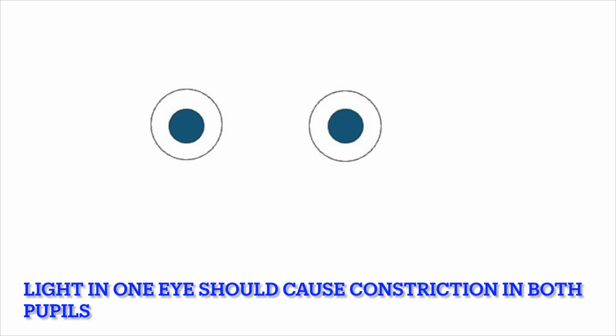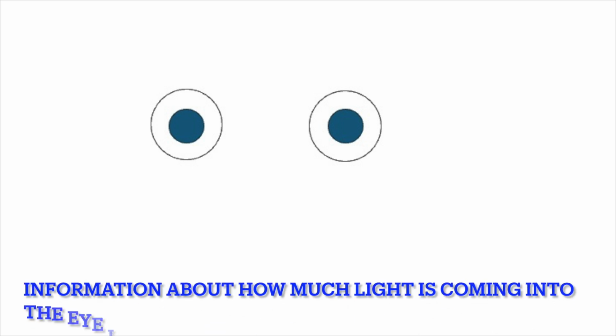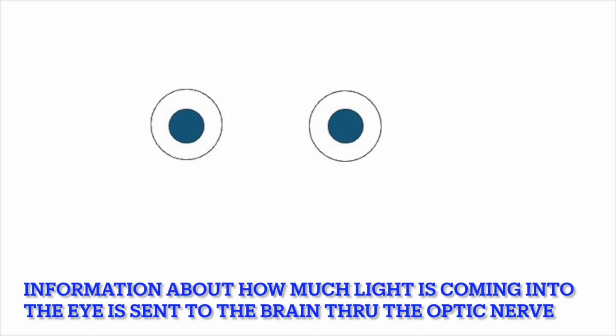Light going into just one of the eyes will still cause constriction in both pupils to protect them. Information about how much light is coming into the eye is sent to the brain through the optic nerve, which is the second cranial nerve, and then the brain decides how small the pupils need to be and sends that information back to the pupil through largely the third cranial nerve.